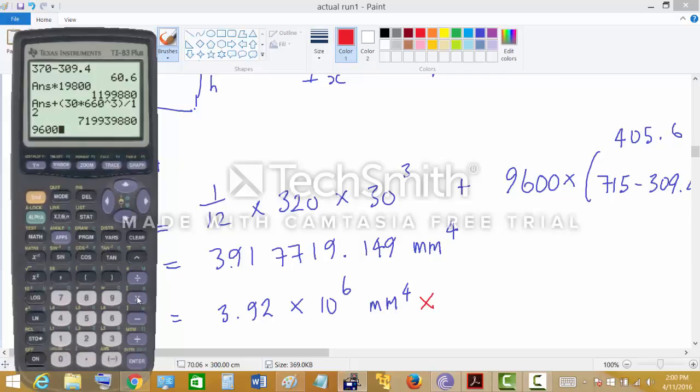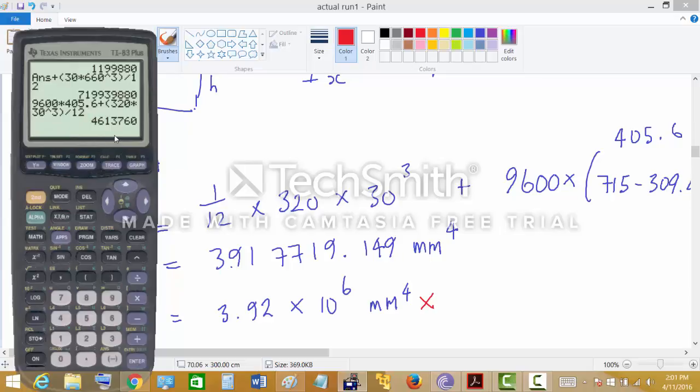9600 times 4056 plus, bracket, 320 times 30 raised to the power 3, bracket, 1/12, equals.